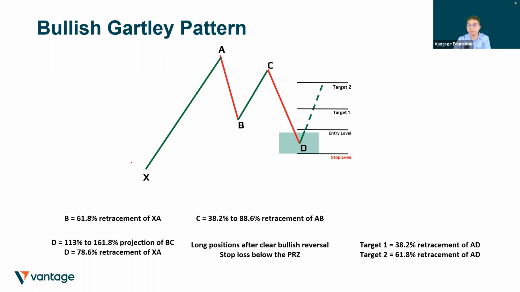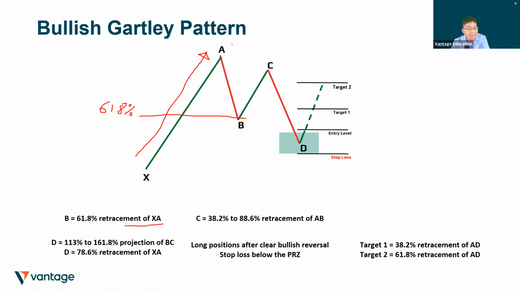After the impulse wave XA, the corrective leg should end at 61.8% retracement of XA. So the corrective A to B, this part should be 61.8% Fibonacci retracement of XA.